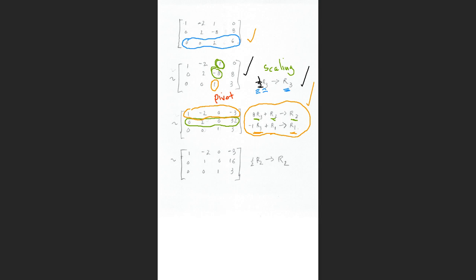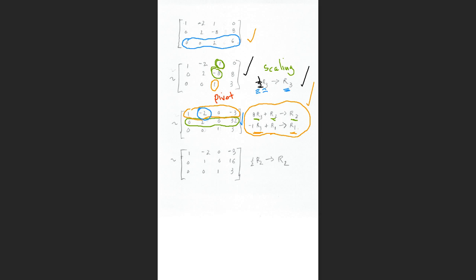We're not done yet, right? Because look here. Here's this -2 here. We can get a 0 in that spot. By the way, do we know what x2 equals? 16. x2 is 16 because the second equation is 2x2.